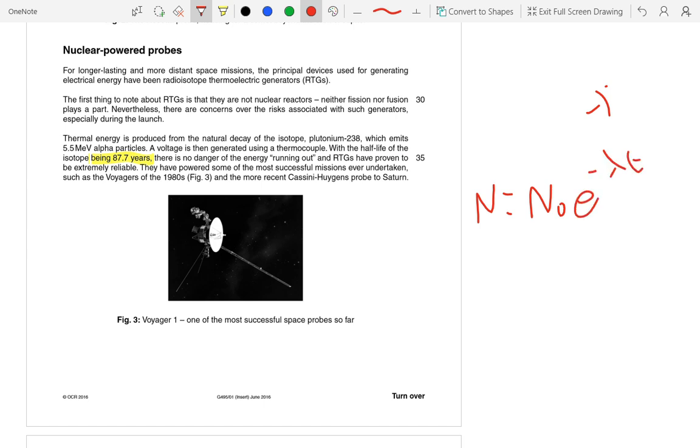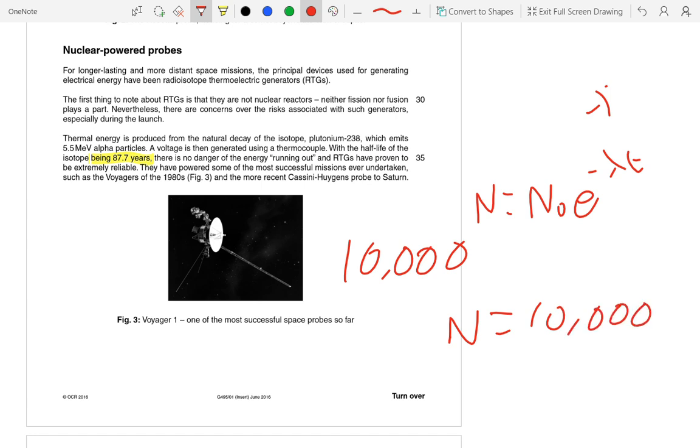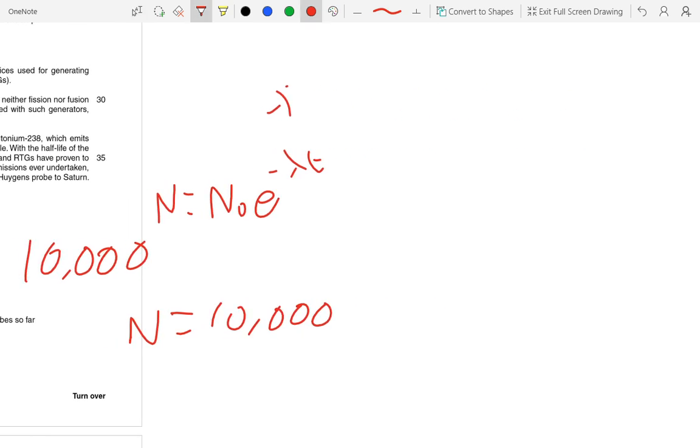And it could ask you, okay, initially we've had, I don't know, 10,000 isotopes or 10,000 nuclei, and how many are we going to have after 40 years, say. And you just have to sub in N0 equals 10,000. It could be a lot more than that, it's probably quite likely to be a lot more than that. I'm just using that as an example.